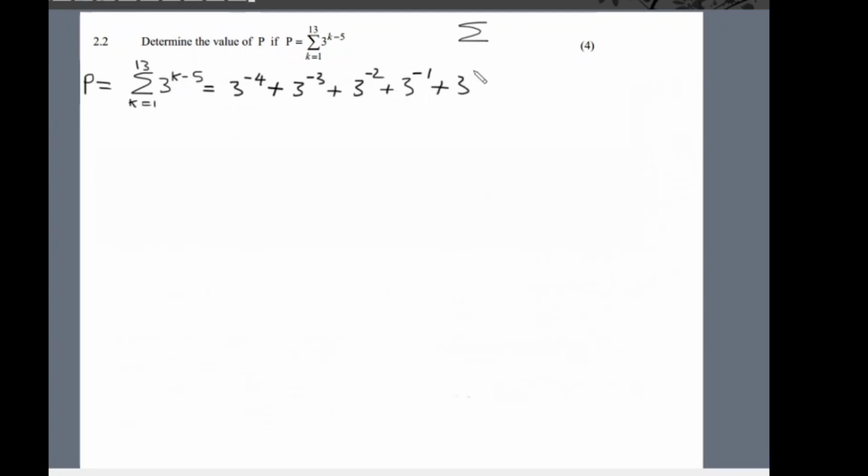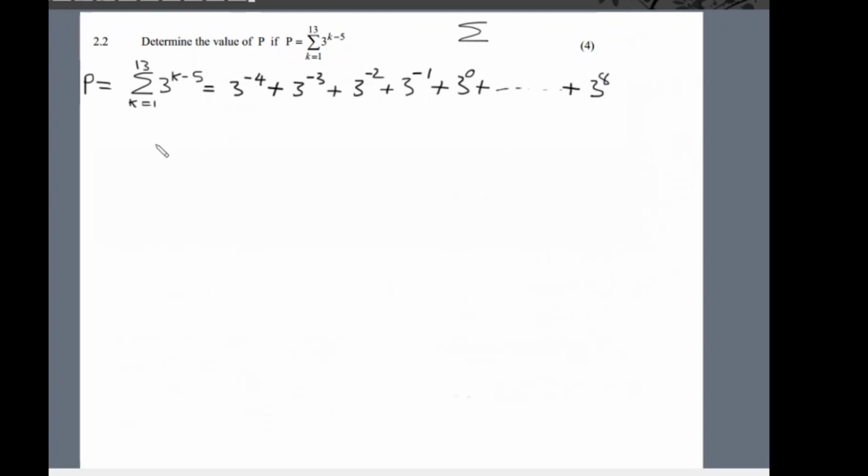and then all the way to when k is 13. When k is 13 it is 3 to the power 13 minus 5, which is just 3 to the power 8 there.